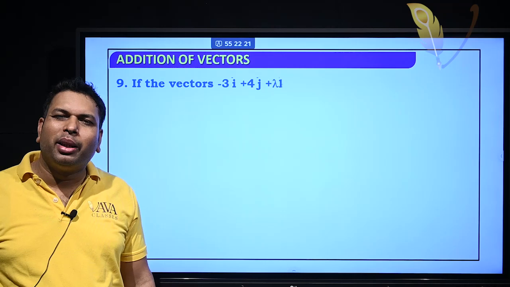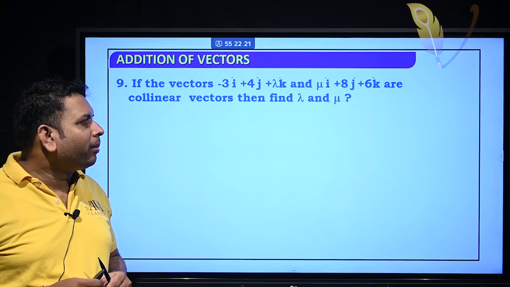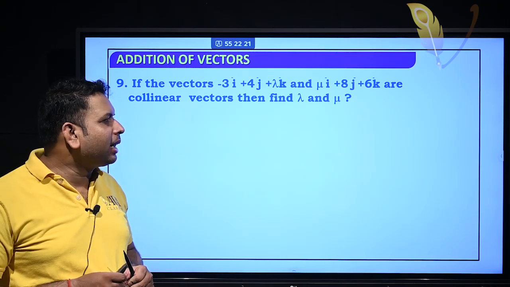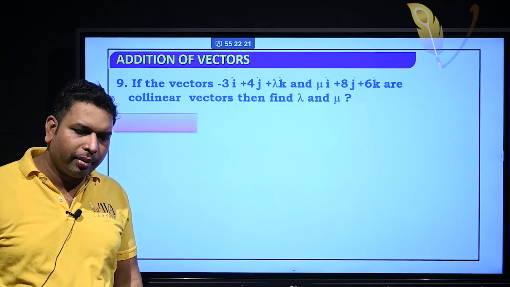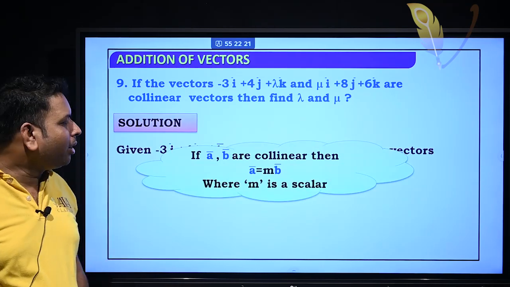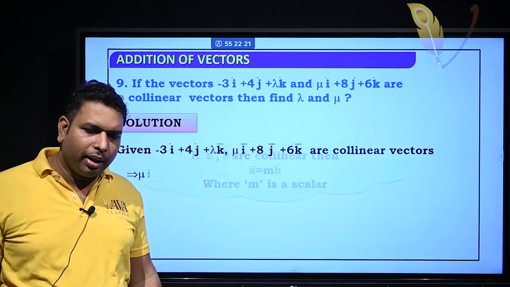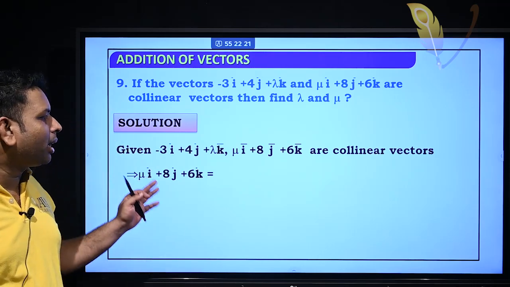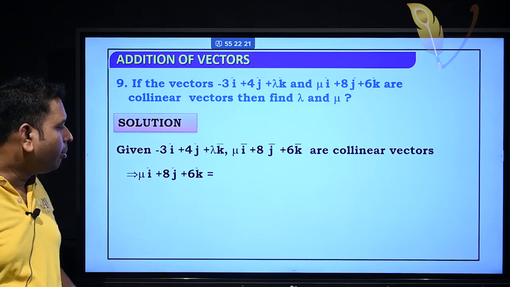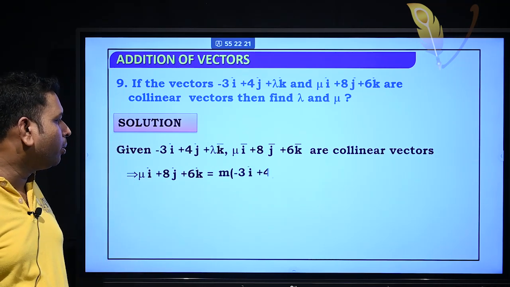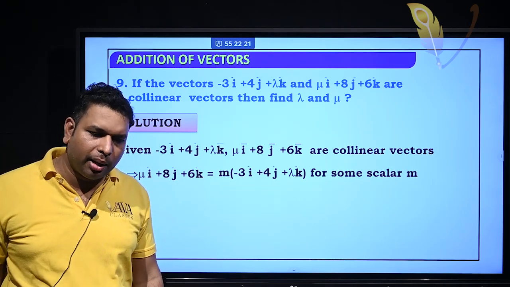Question number 9. If the vectors minus 3i plus 4j plus lambda k, mu i plus 8j plus 6k are collinear vectors, then find lambda and mu. If a, b are collinear, then a equals m b, where m is a scalar. Given vectors are collinear, that implies mu i plus 8j plus 6k equals m into minus 3i plus 4j plus lambda k for some scalar m.